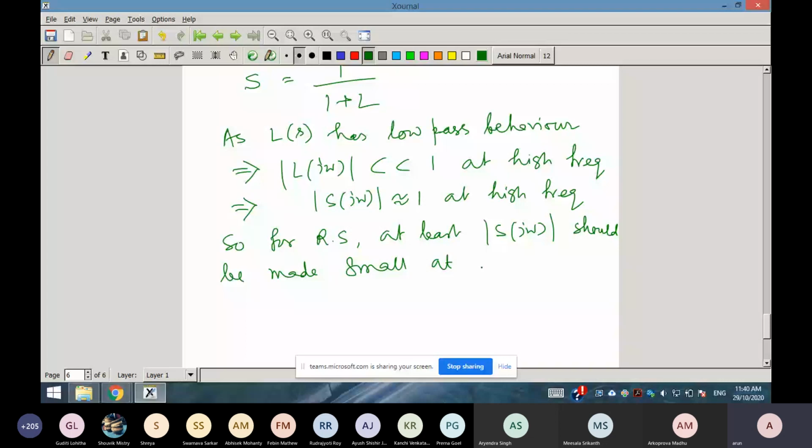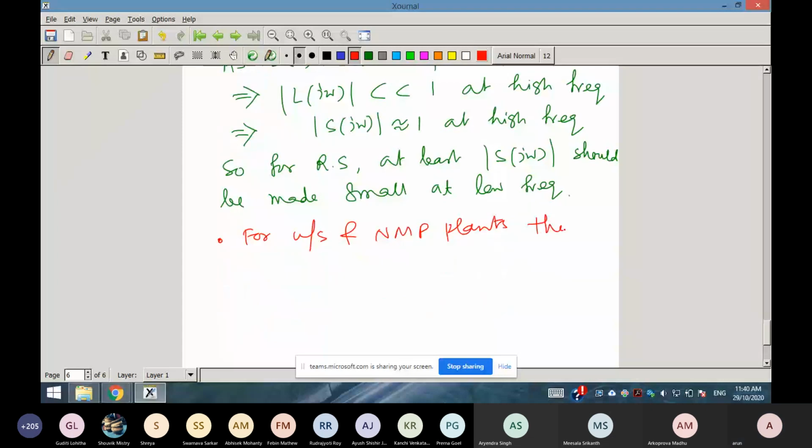Okay, that we can make. But one important point: for unstable and non-minimum phase plants, there is always a peak in the mod S(j omega) plot. That you cannot avoid.